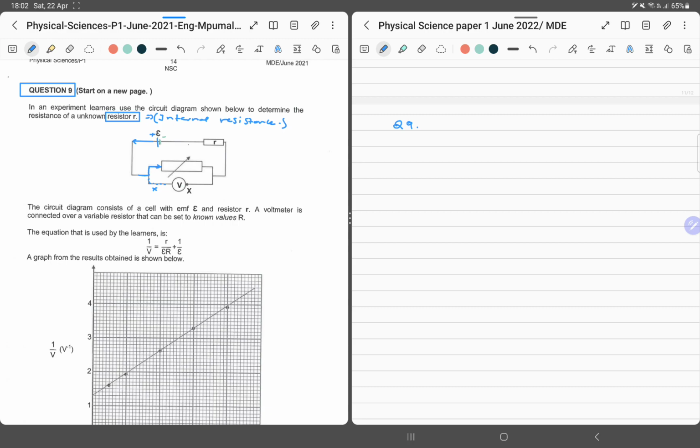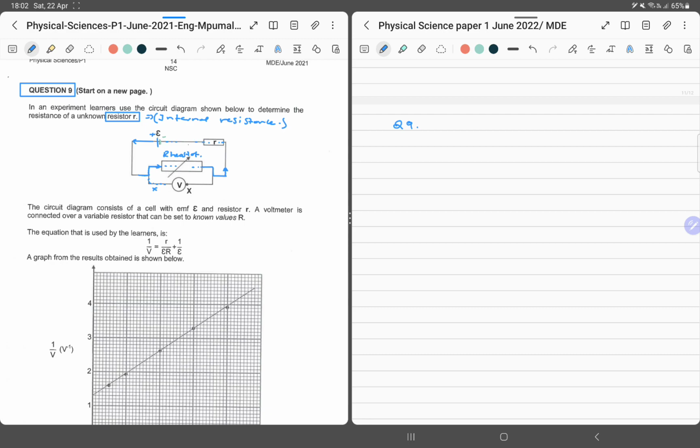It's a voltmeter. It's always a high resistance thingy. So it goes through here. This is a rheostat, or we call it an adjustable resistor. Then we go on like that, through that resistor and back into the battery.